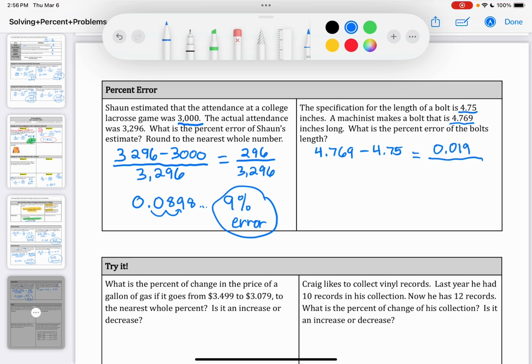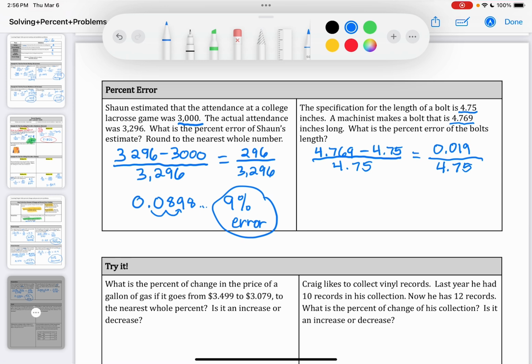That's a very slight difference, but in a bolt, it probably makes a difference. And then for the bottom, we want what it should be. So if the specification is 4.75, we need to see how far it is off of the spec.